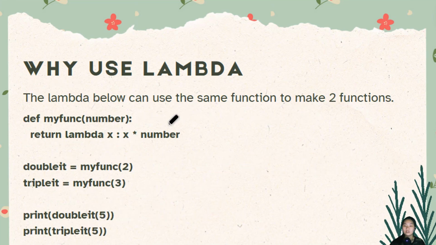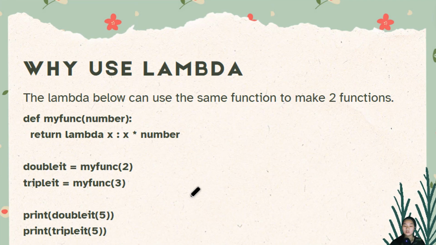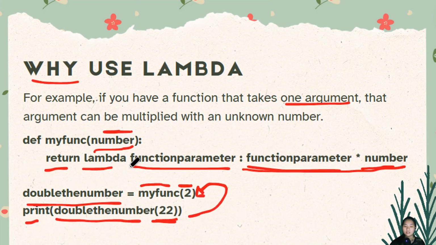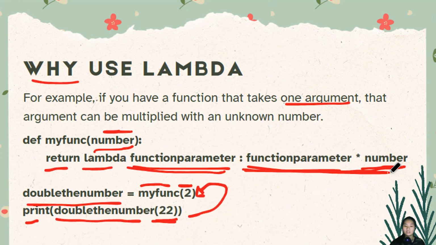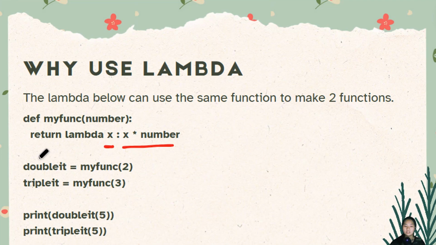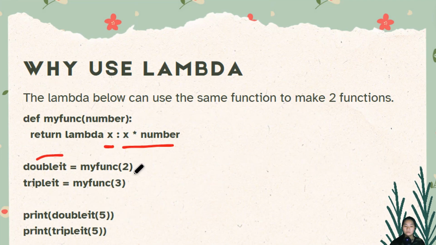Now, to the second part of why we should use lambda: this example below can use the same function definition to make two functions. So we're going the quick and easy route. Return lambda x. x here is the same as function parameter, okay? x times number, so it's the same thing that we've seen over here. Now, double it is another name for double the number, I just shortened it.